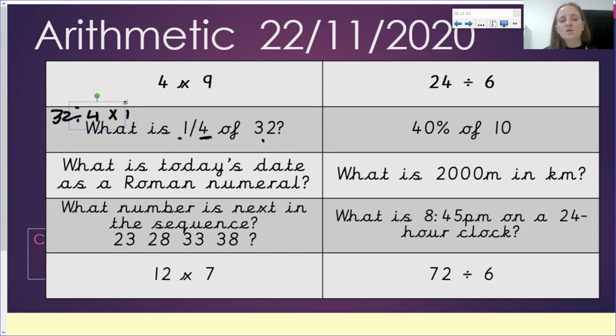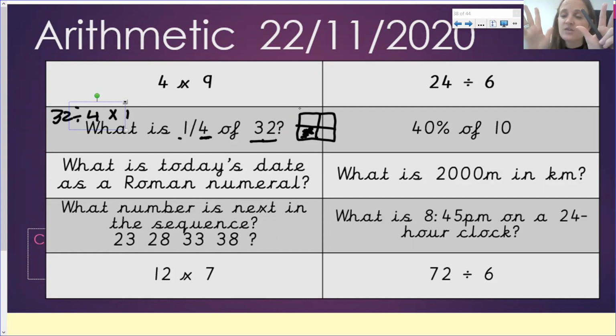So what is a quarter of 32? If you can imagine this whole shape was 32, and I had to divide 32 into equal bits of 4, what would one of those bits be? So you would divide that by 4. 32 divided by 4: 4, 8, 12, 16, 20, 24, 28, 32.